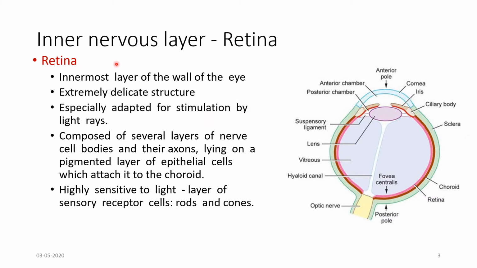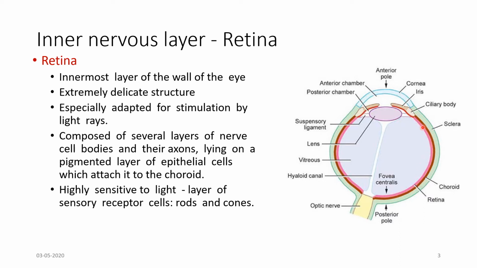The retina is the innermost layer and is a very delicate structure adapted for stimulation by light rays. It consists of 10 layers of cells, with nerve cell bodies and their axons lying on the pigmented epithelial cells that attach it to the choroid.